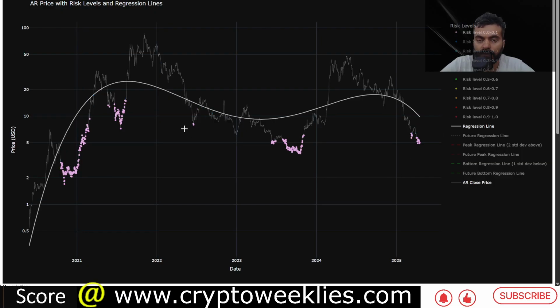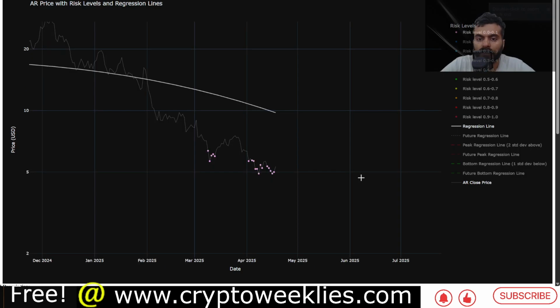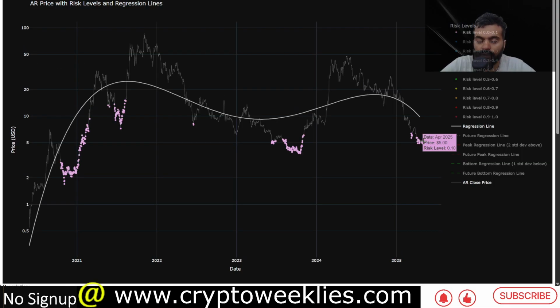But again, one could make the counterpoint that the prices did eventually go between the 0% and 10% risk. Right now the risk is at around 10% per this model. The $5 Arweave or AR token represents a 10% risk per this interpretation of the model.